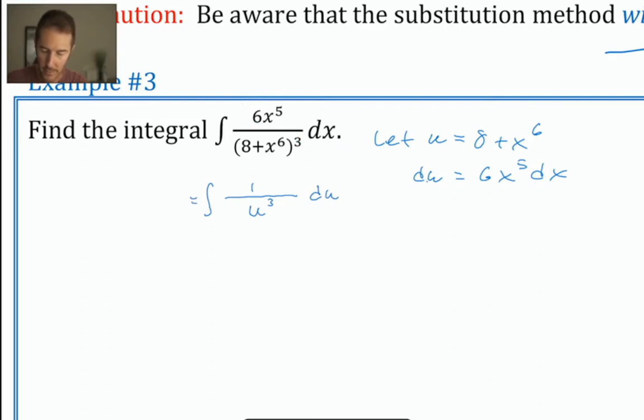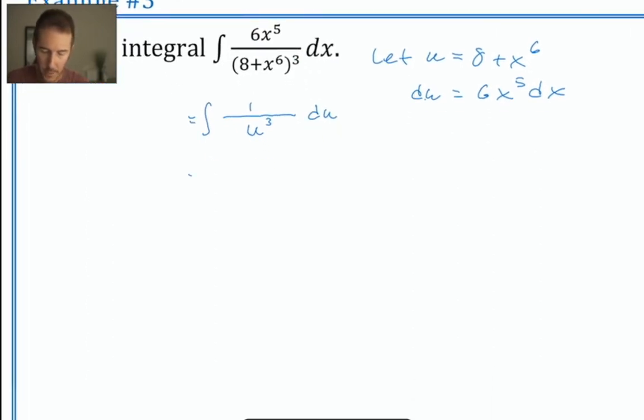Now I'm going to rewrite this integral one more time because it's much easier, I think you'll see right away, to integrate this than 1 over u to the third. Because here, as you well know, we're going to be keeping the variable, increasing the exponent by 1, and then dividing by the new exponent, and including our plus c.